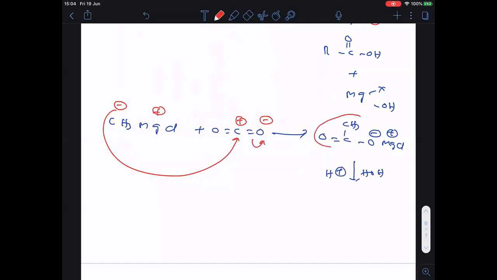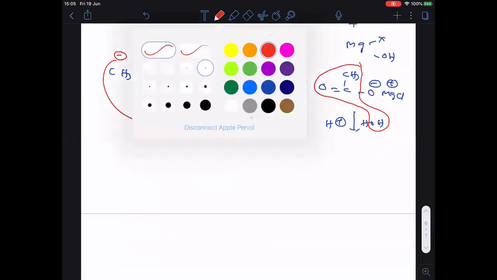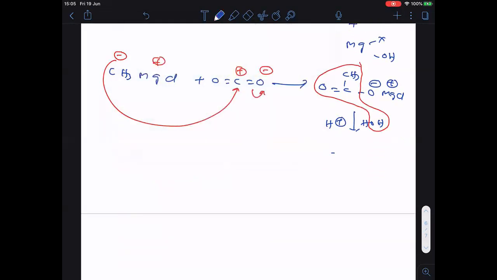first of all this is the product formed. So now what happened here, CH3C double bonded OH, ethanoic acid is formed, am I right? And here the byproduct is Mg, Cl, OH, magnesium hydroxyl chloride.